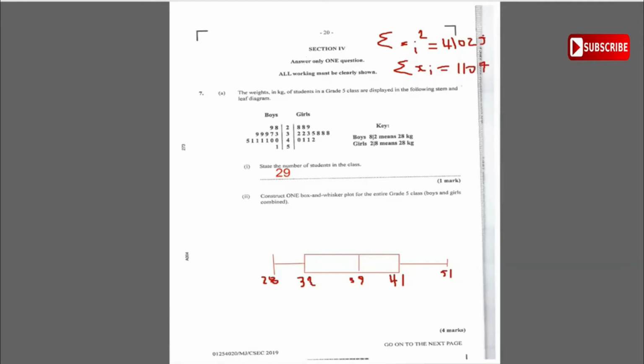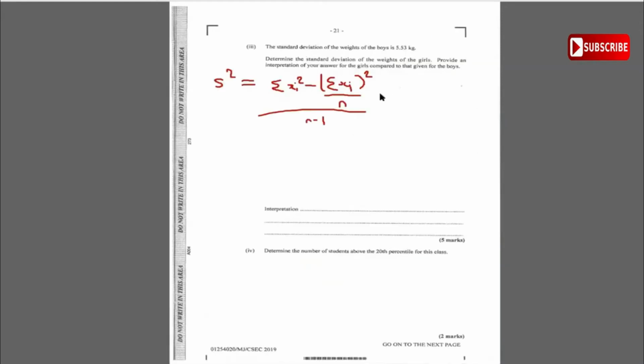All right. So now what this works out to be is this is going to be equal to, I got 41,000 0.25 minus 1,107 squared divided by n, which is 29.